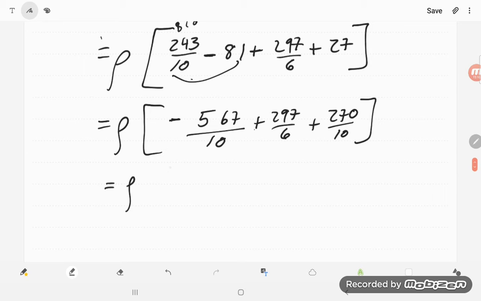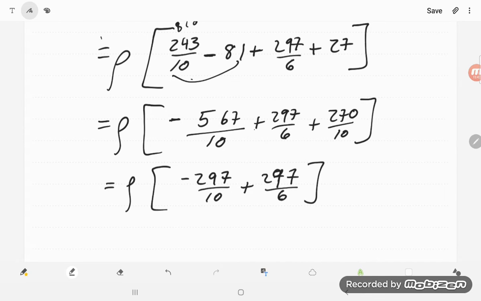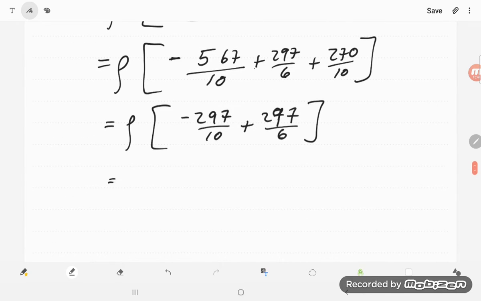So this is rho, and 270 and the minus 567, that's almost 300. That's actually a minus 297 over 10 plus 297 over 6. I love it when things work out a little better.